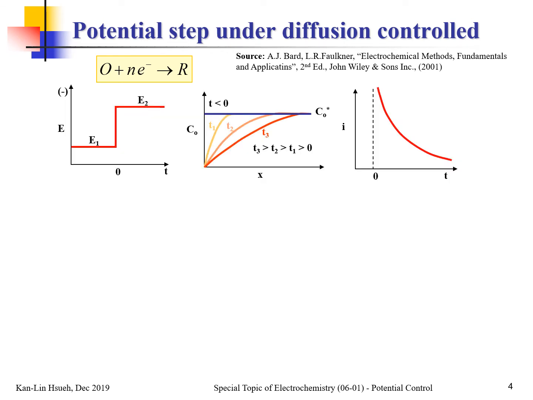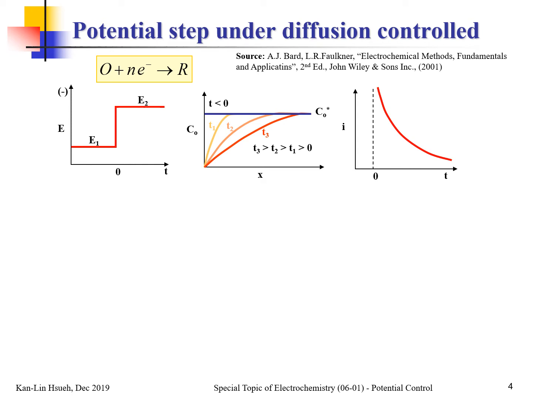Let's try to obtain an analytical solution for the current as a function of time. The figure on the top is what we described in the previous slide. The potential is changed suddenly from E1 to E2 at time equal to 0, and the corresponding concentration profile in the solution changes gradually as time goes T1, T2, T3.